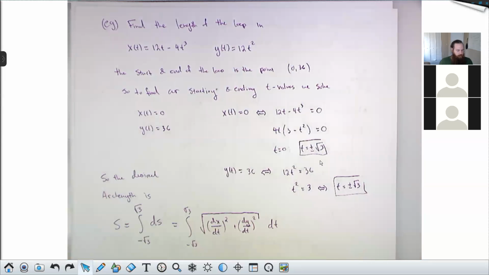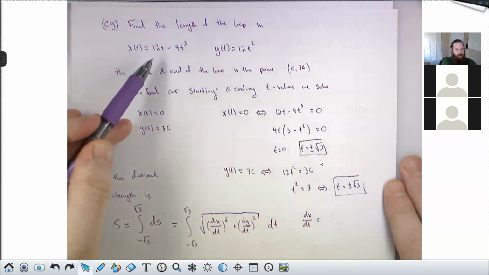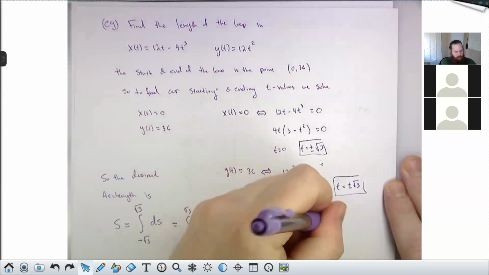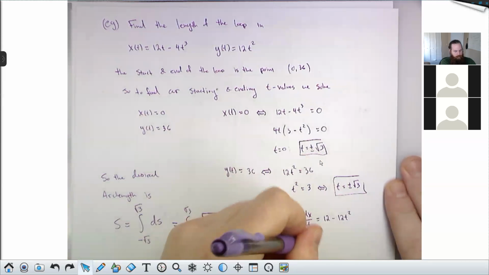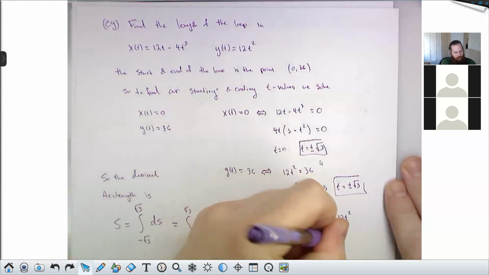So I need to cook up the x and y derivatives with respect to time. dx dt, the derivative of the x function with respect to time, is 12 minus 12t squared. And dy dt, the derivative of the y function with respect to time, is 24t.